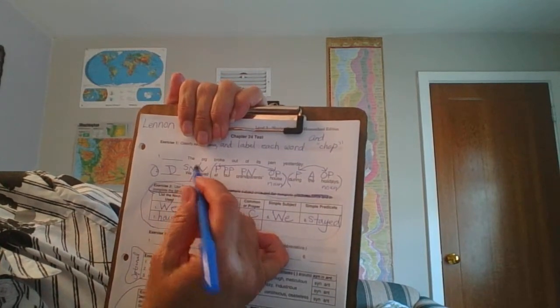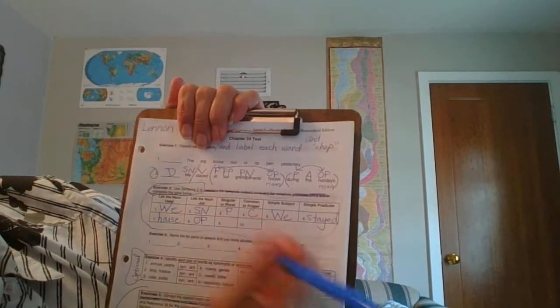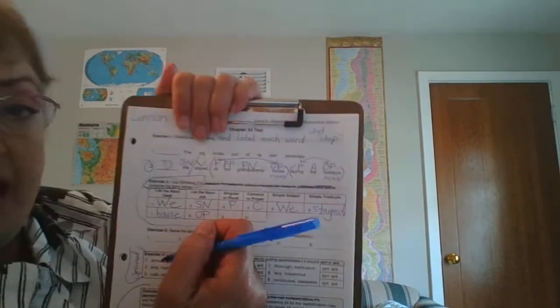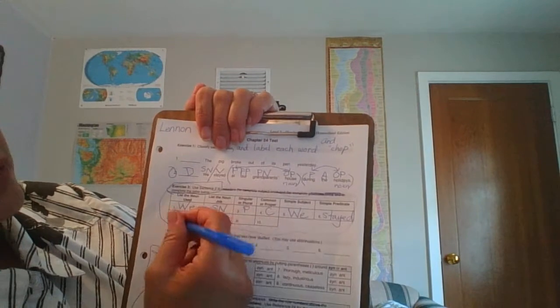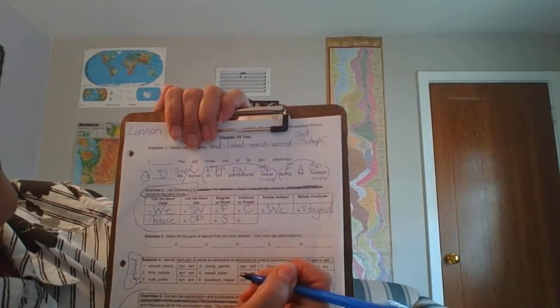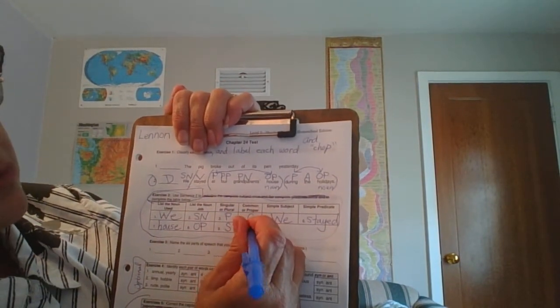It's not our subject noun. It is the object of our preposition. So it is an object noun, or an OP. House, is it house or houses? If it were houses, it would be plural, but it's just one regular old house. So we're going to put singular. And is it common or proper? It's just a common noun. Okay?